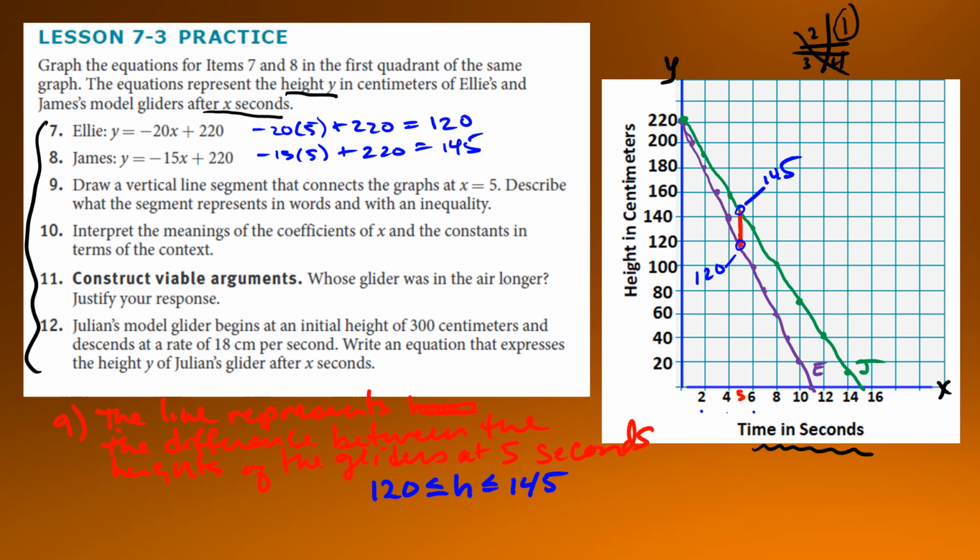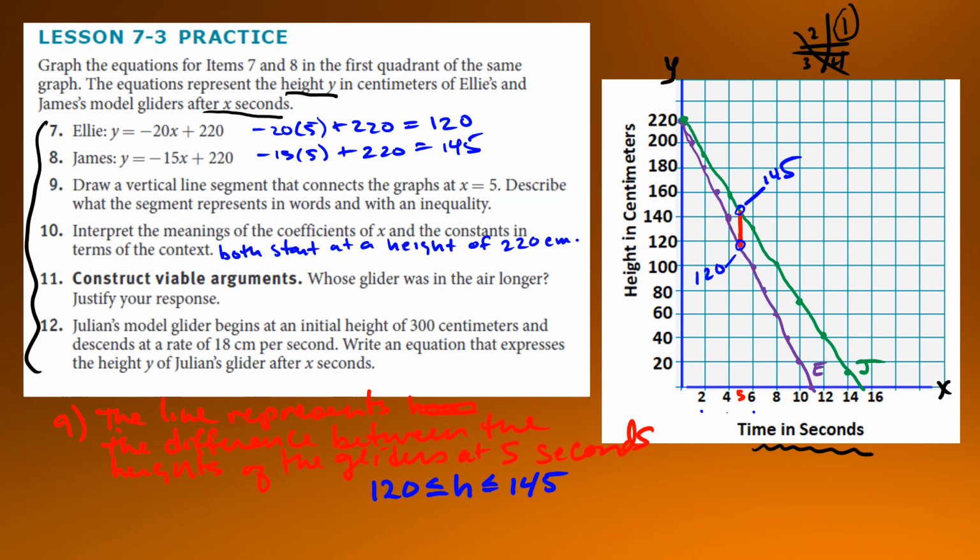Interpret the meanings of the coefficients of x and the constants in terms of the context. So both start at a height of 220 centimeters. That's the constant.